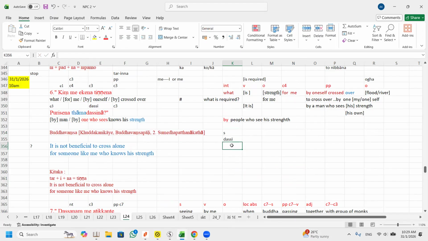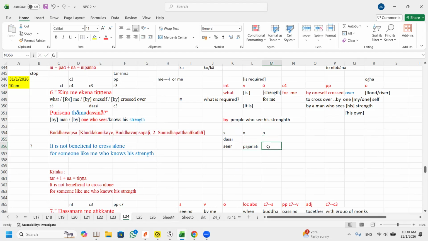So in this case, with a long I, instead of using one who sees, I use the word seer. A seer is a person who can see. Then if you're going to put a verb, see what? Then verb and object. So to make it easy, pajanati, knows.